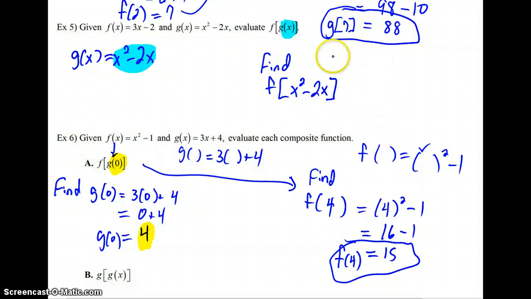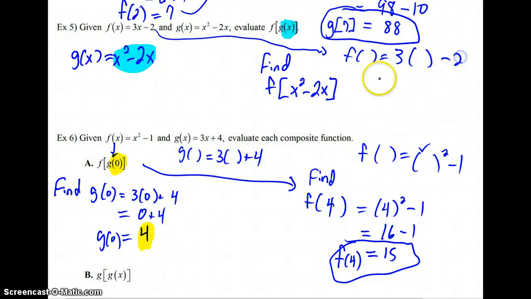Well, here's why that blank method can be so helpful. Look, f of a blank is 3 blank minus 2. Wherever we see a blank, we're going to put in x squared minus 2x. We put x squared minus 2x in that first parenthesis. We're going to put it in right over here as well. So look, instead of plugging in a number, we're plugging in x squared minus 2x.